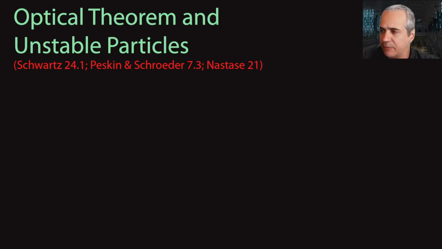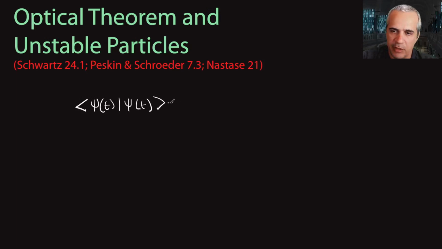That can be translated to the normalization of the states. So I can demand that a state, say in the Schrödinger picture, where I put all the time evolution in the states, should have a normalization that doesn't change as my system evolves through time.